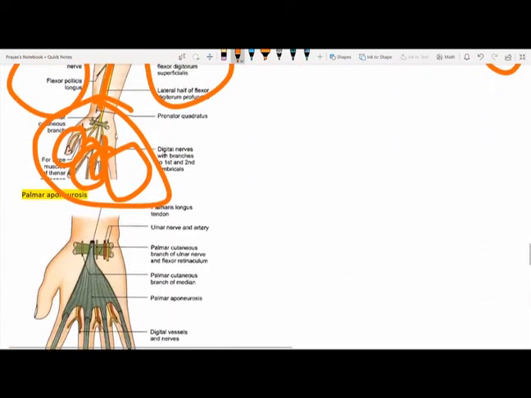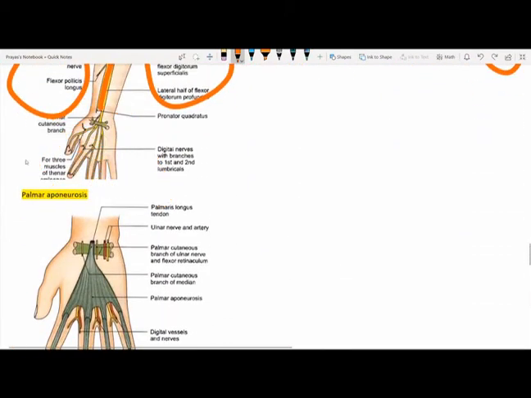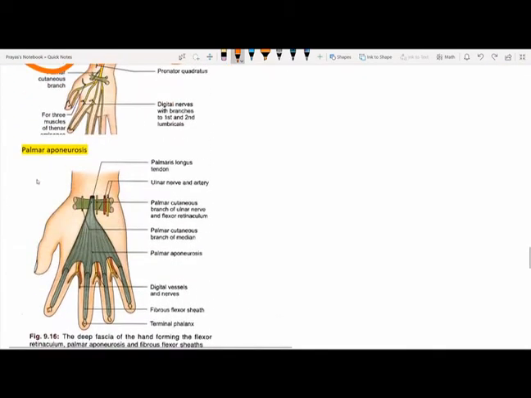And then we also learned about the palmar aponeurosis. This is a long video because I learned a lot of things today, so just to cover everything.